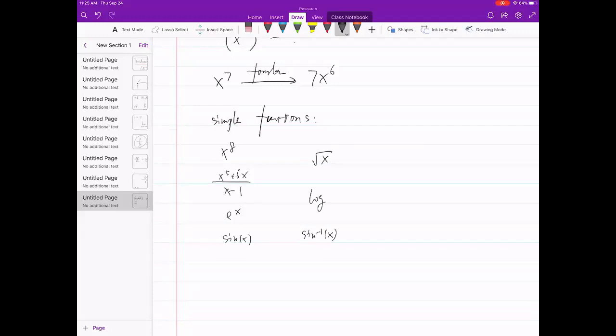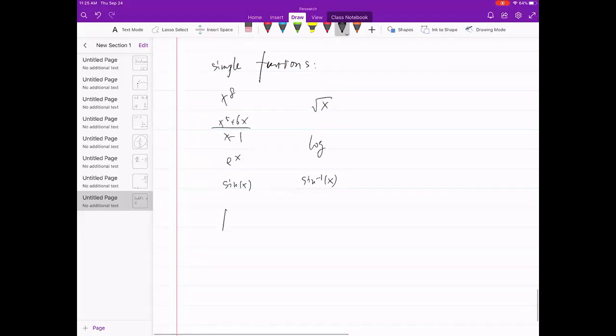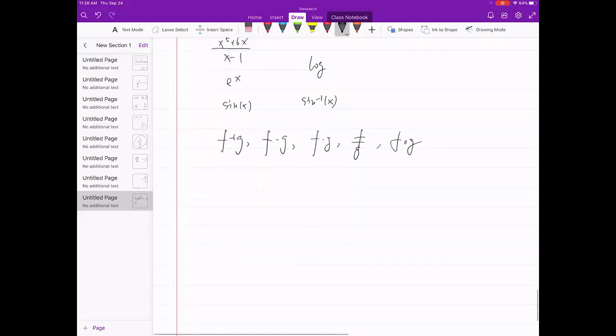After that, what do we do? We do f plus g, f minus g, f times g, f divided by g, and finally f circle g. Still okay? Then eventually we will be able to handle something that looks like this derivative.